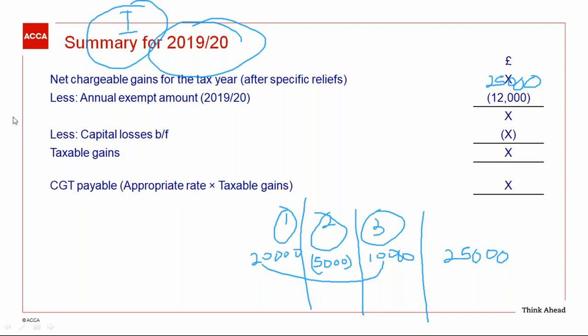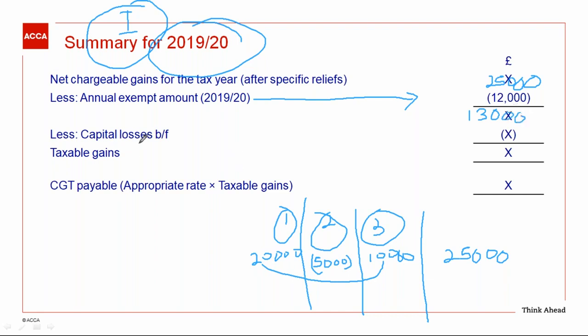So here we are discussing capital gains tax, as I mentioned at the very beginning. From the 25,000 pounds, you can deduct the annual exempt amount available. For the tax year 2019-20, the annual exempt amount available is 12,000 pounds. Then the balance chargeable gain after the annual exempt amount is 13,000 pounds.